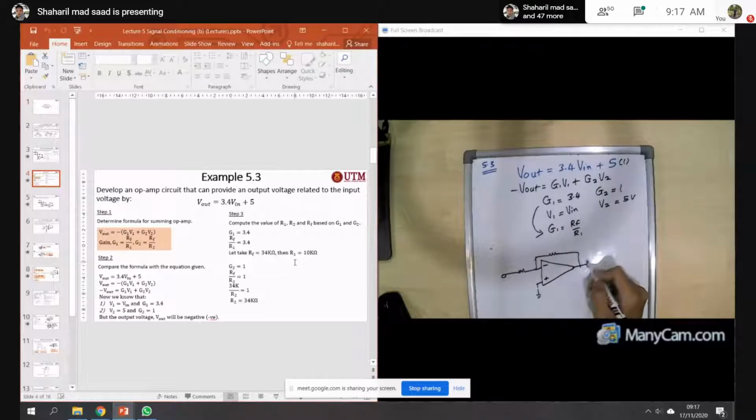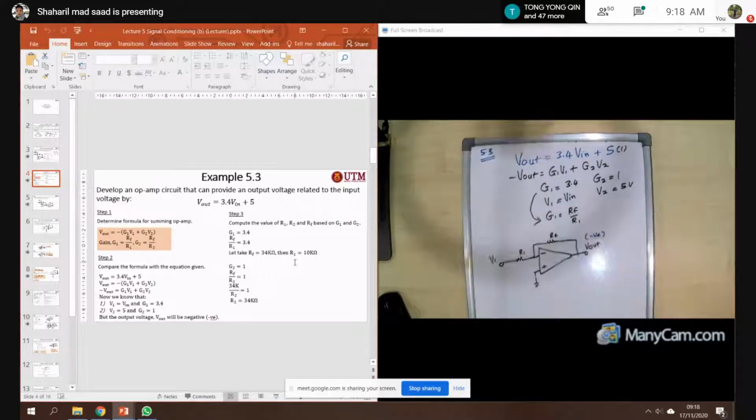This one is RF, this one R1, this one is V1. And of course, you got minus V out here. So let's say we draw the inverting first. We say this one is V out, however, the voltage here will be negative.